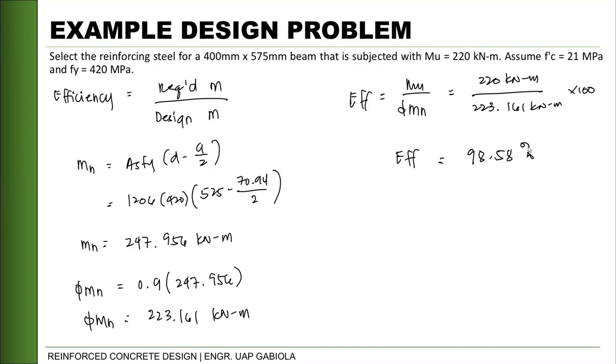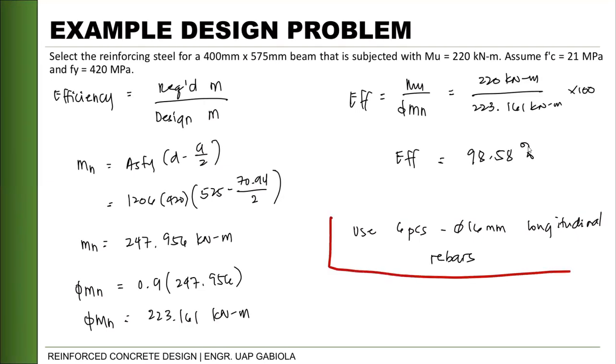So, once na nasatisfy natin na efficient yung section natin, we conclude na use 6 pieces ng diameter 16 mm longitudinal rebars. Okay, so this will be our final answer for this problem.